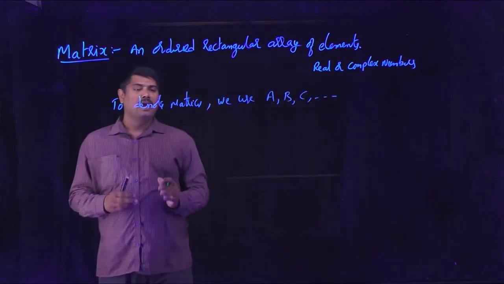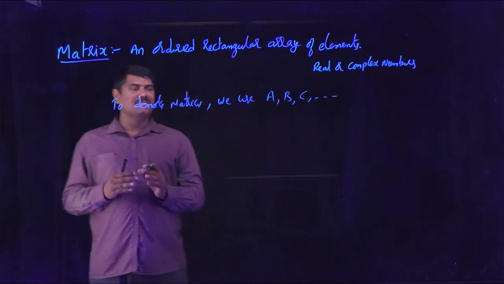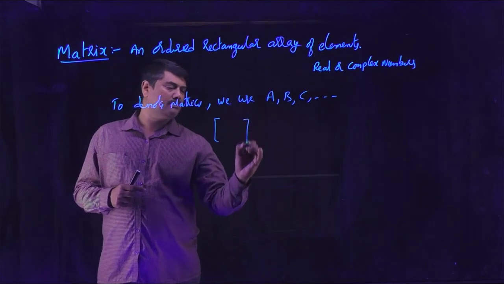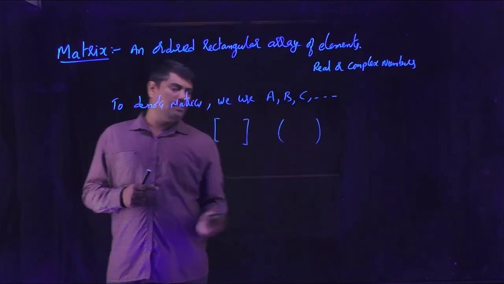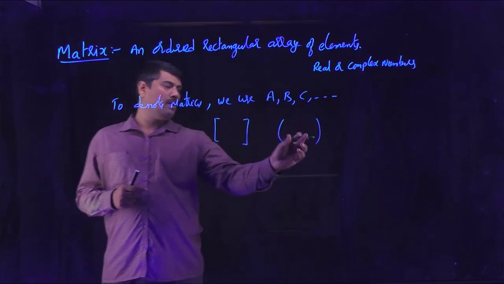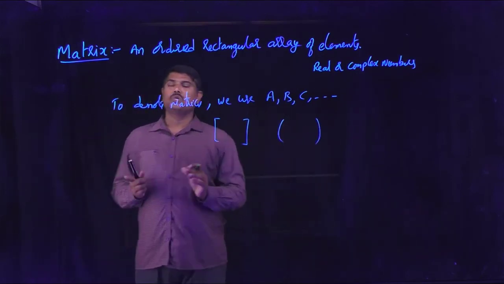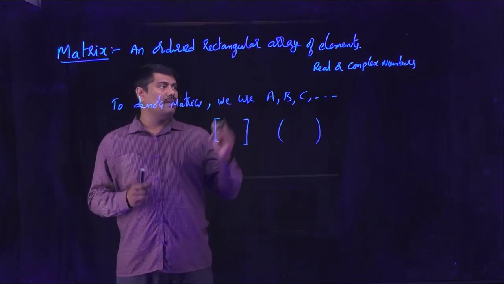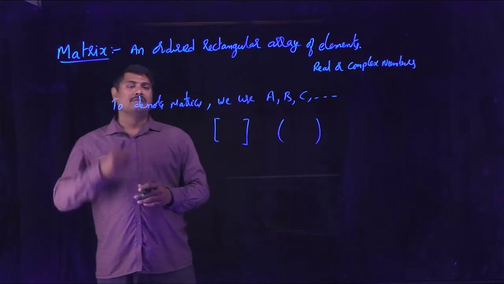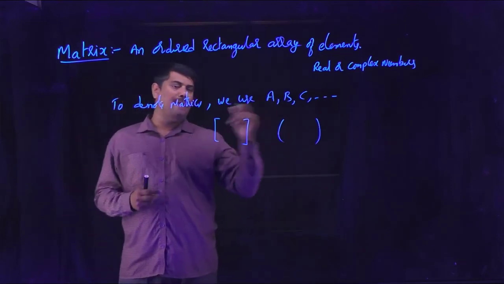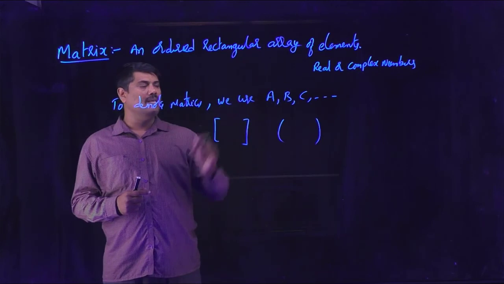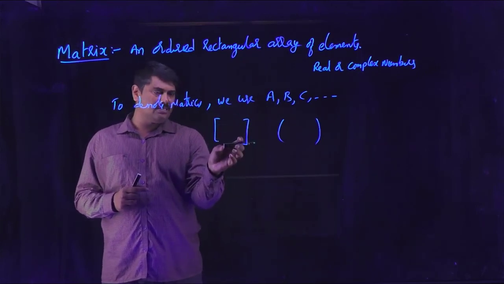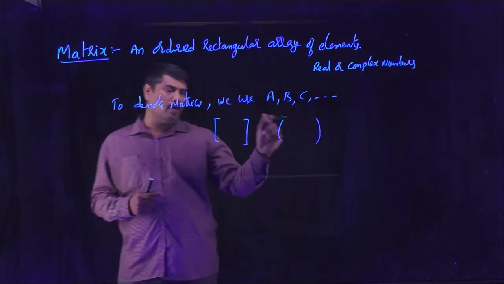And we indicate the matrix and the elements in brackets, in these formats. We can arrange the elements in this format or in this format. So the matrix is an ordered arrangement of elements. Those elements may be real or complex numbers, matrices are denoted with capital letters A, B, C, and matrices are indicated in brackets such as a square bracket or open bracket.